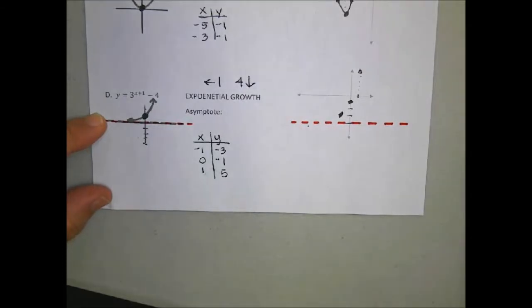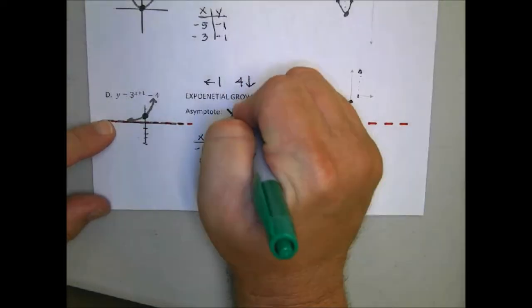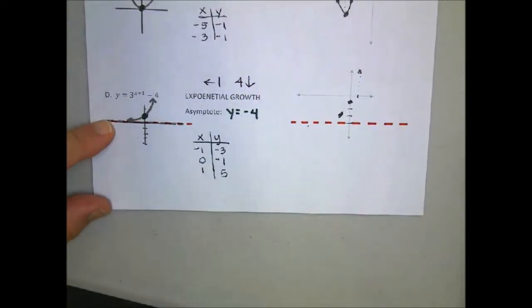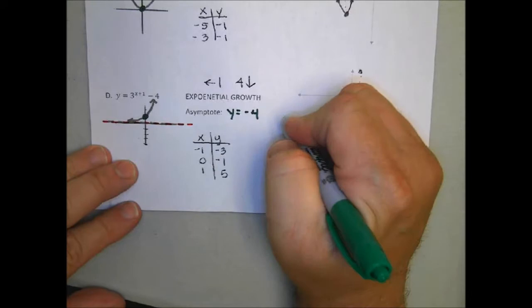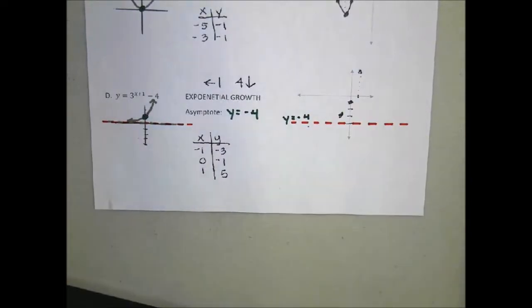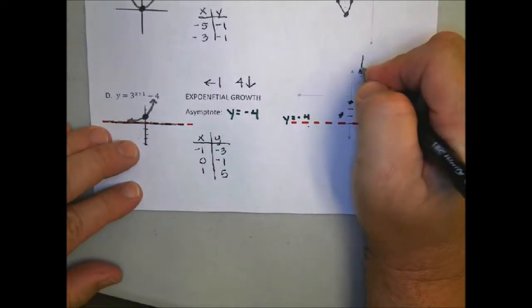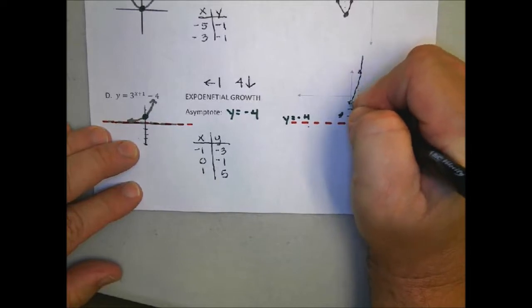Now remember, this is the asymptote. The asymptote dropped 4, so the asymptote is really now y equals negative 4. That's this line right here, this dotted line. And that just means the graph is going to do this.